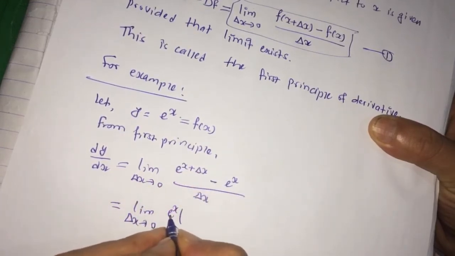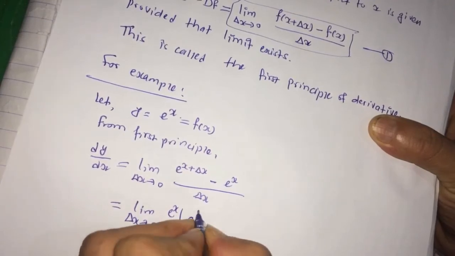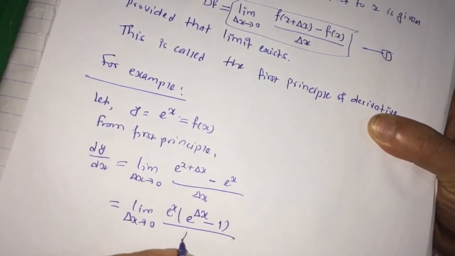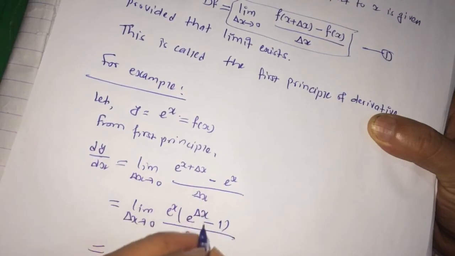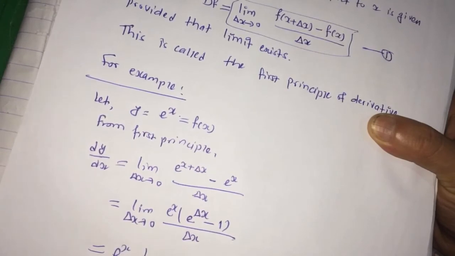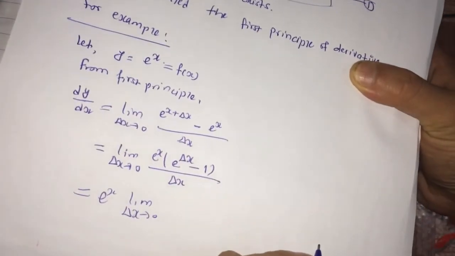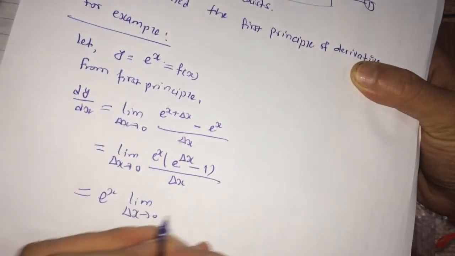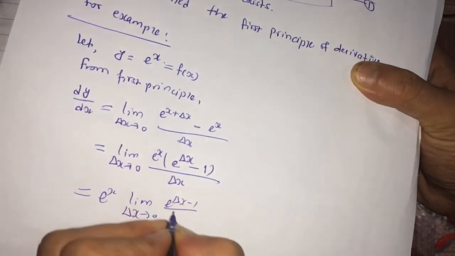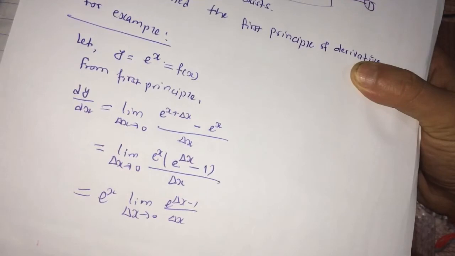So I took out exponential x common, and there remains exponential del x minus 1, divided by del x. Since this is a function of del x, we can take exponential x out of the limit, so we are left with the limit del x tends to 0, of exponential del x minus 1 by del x.